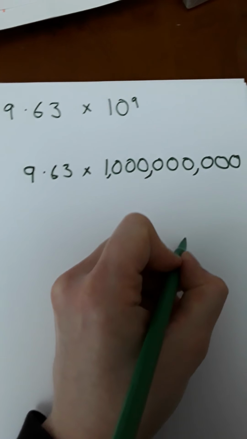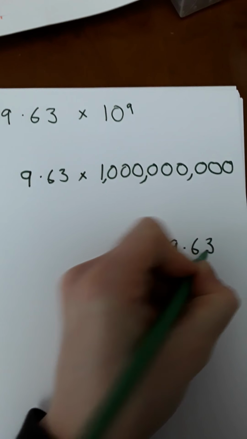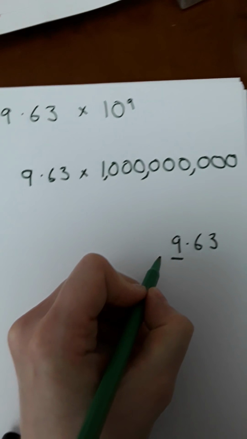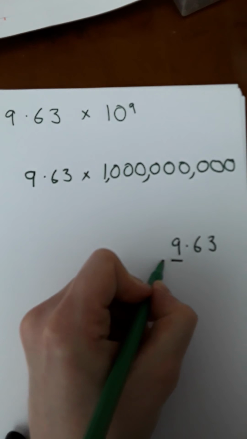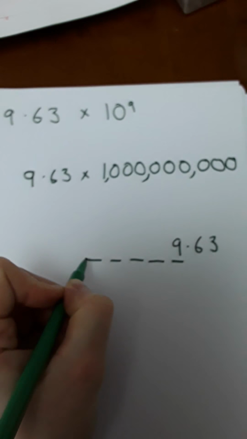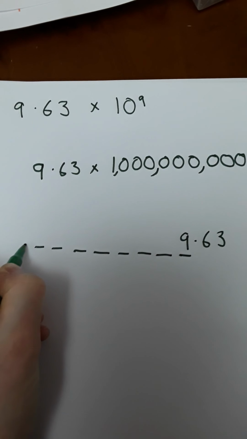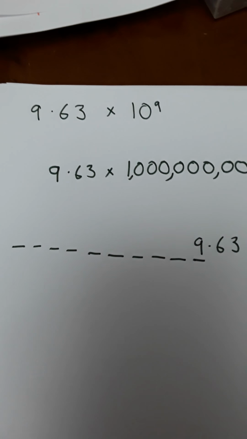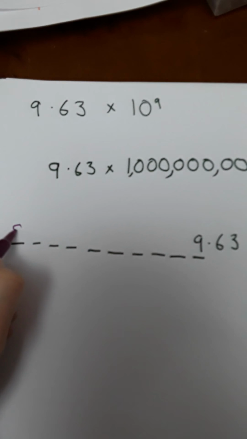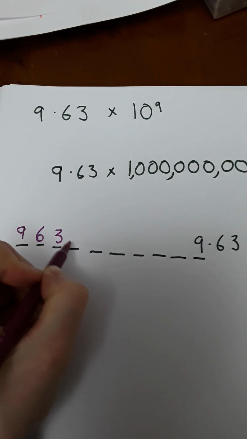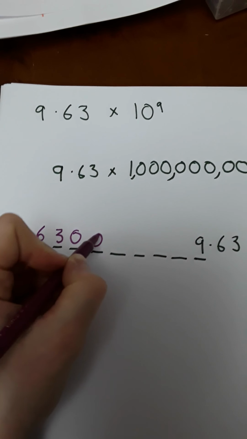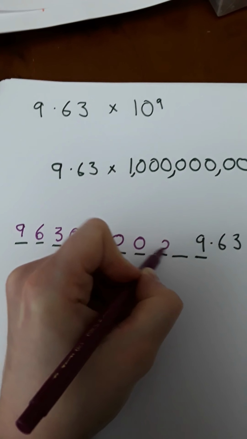At the moment I've got 9.63, but my 9 is going to be pushed forwards by 9 places. So my 9 is now going to sit here. My 6 is going to follow it. My 3 is going to follow that 6. And then the rest of the gaps we're going to fill in with zeros.